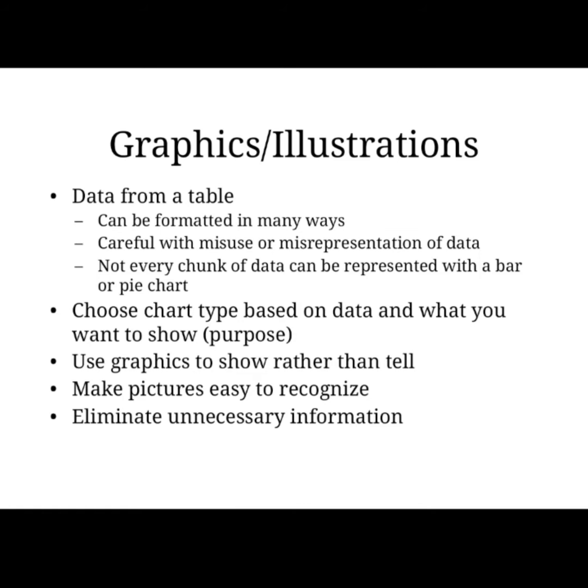So there are some basic structures of the table. The table gives us the information which we have collected in the form of data. Choose the chart type based on the data you want to show. Use graphics to show rather than tell.